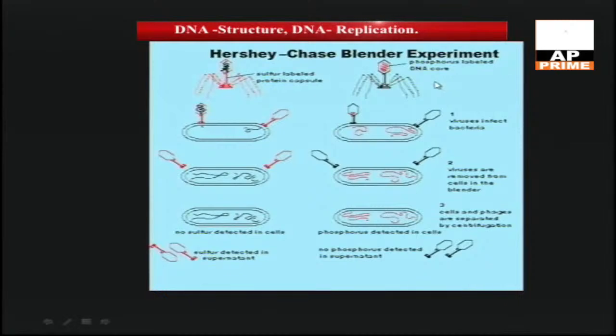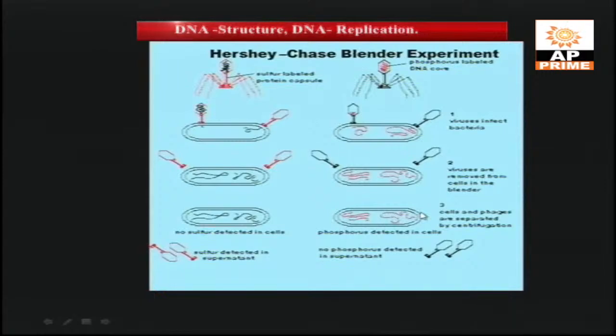When these P32 labeled viruses were used to infect E. coli bacterial cells, radioactivity in the form of DNA enters the host bacterial cells, but the non-labeled protein coats were left outside the host cell. Now within the host cell, this radio-labeled DNA undergoes replication and forms new viruses.